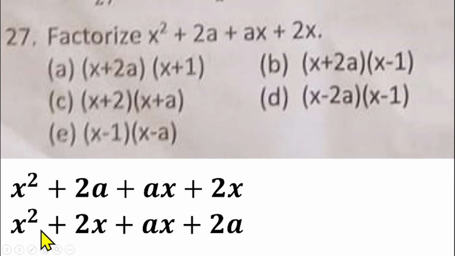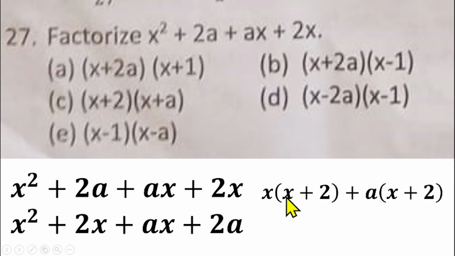If you rearrange it, you have x squared plus 2x plus ax plus 2a. Now you can factorize x here, and you can factorize a here. If you factorize, you have x into x plus 2, plus a, because a is common: a in ax gives x, then a in 2a gives 2. You can see that the two brackets are meant to be equal.